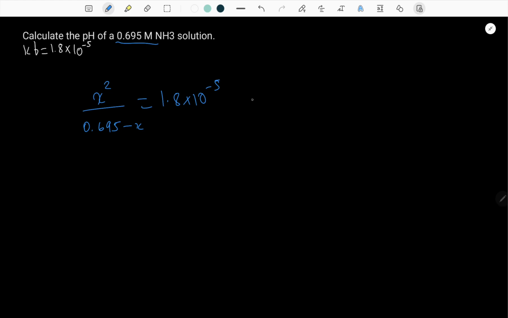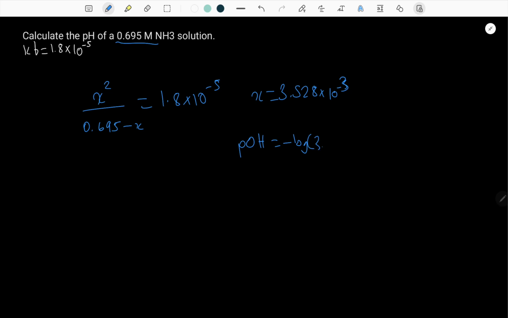So let me find that. So x here is 3.528 times 10 to the power of -3, and now you can find the pOH from doing minus log of this answer.